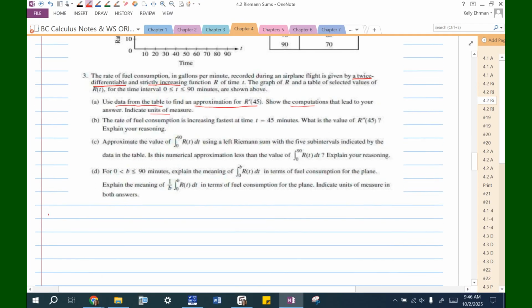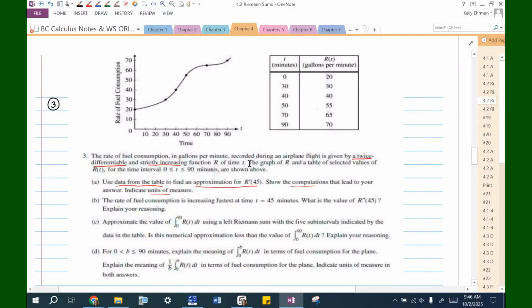So for part A, we are trying to approximate a derivative. And if we're using a table to do that, we're going to find an average rate of change with numbers that surround 45. So 45 is not in here, but 45 falls between 40 and 50. So I'm going to use these 2 points to find my average rate of change.